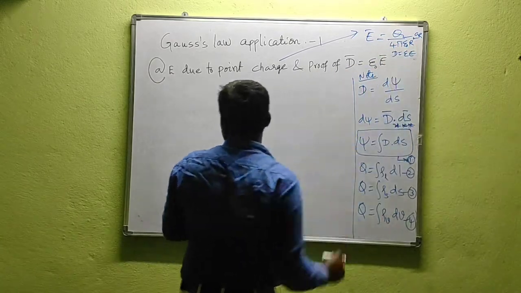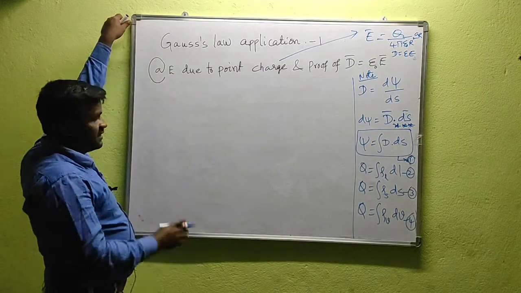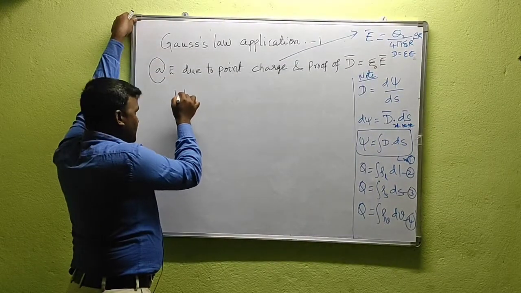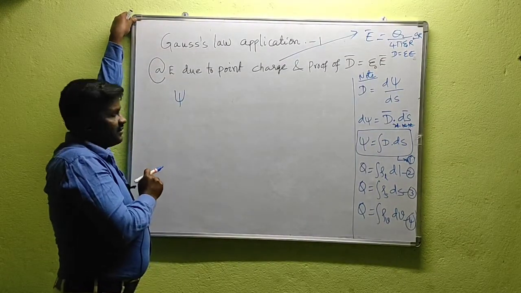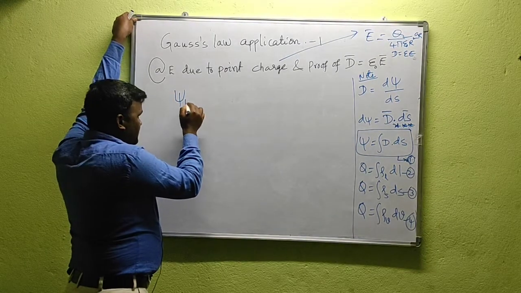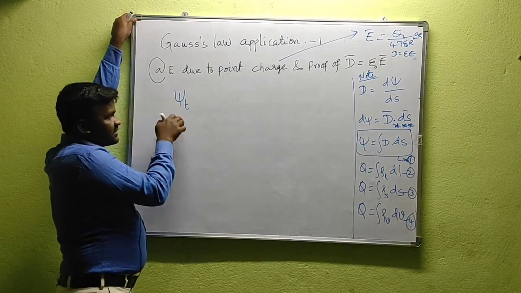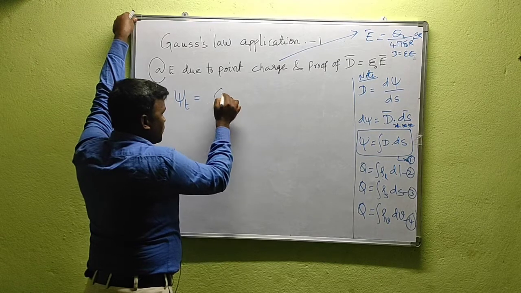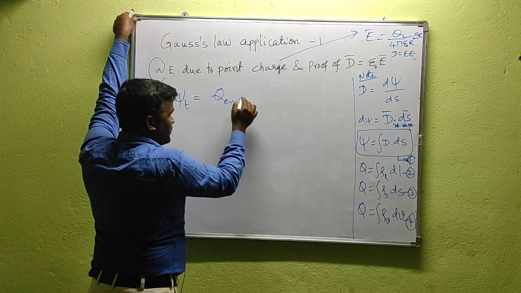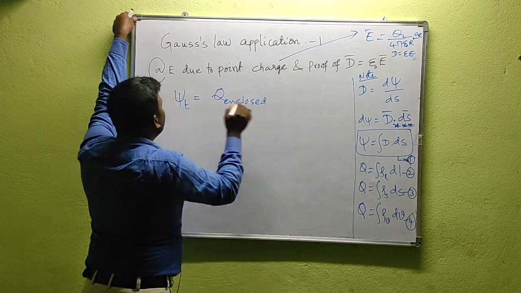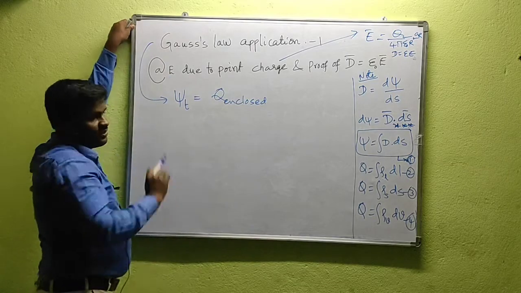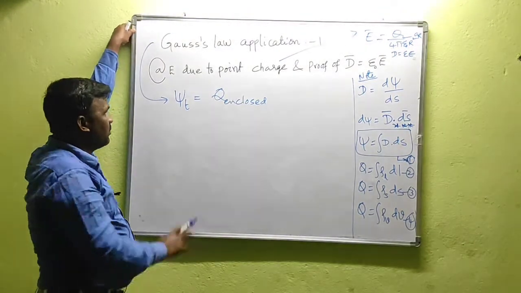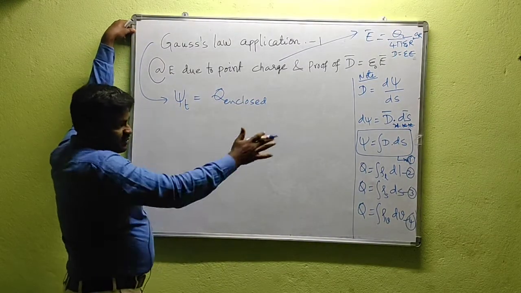Now let us see, first, what is Gauss law? Mathematically, the total electric flux psi t through a closed surface is equal to the charge enclosed by the volume. So Gauss law is nothing but psi t equal to Q enclosed. Now let us represent this psi in terms of flux density.